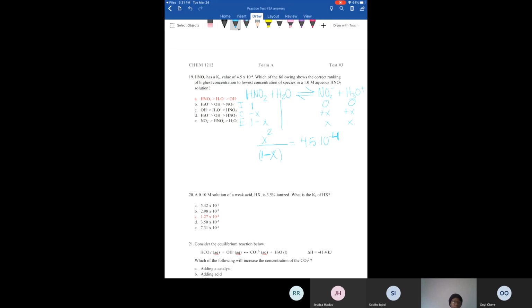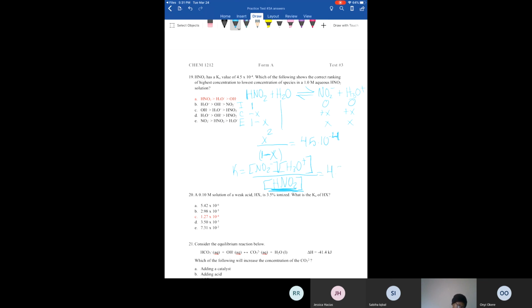That makes sense, because if you think about the expression of K, it would be NO2 minus times H3O plus over HNO2.